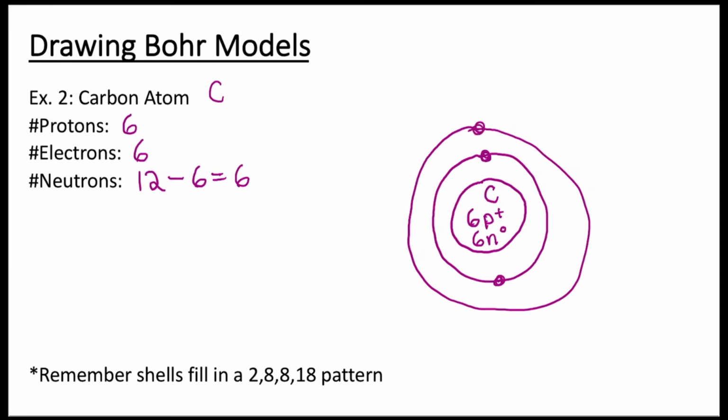So I have 1, 2, 3, 4. And then if you were to go back and count these over again, 1, 2, 3, 4, 5, 6 total electrons. So it should always add up to the total number of electrons that you have. Don't actually draw those X's. That was just me marking it so you could see what I was doing. Okay, so that is the completed Bohr model for carbon.